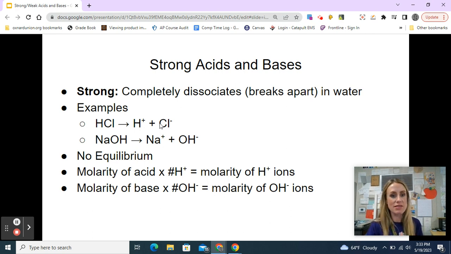So this just depends on if it's a monoprotic or diprotic or polyprotic acid, or the same thing with the base. So if you have a different number of hydrogens or a different number of hydroxides other than one, then you have to make sure to multiply the molarity of that acid or base by the number of protons or hydroxides to get your actual molarity of those things if you're needing it for another calculation.